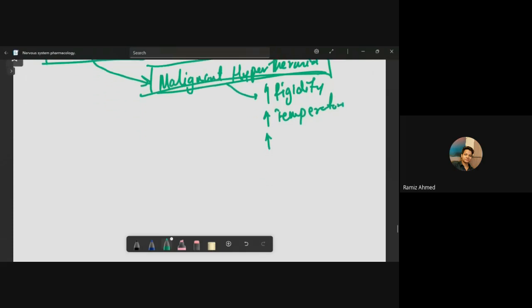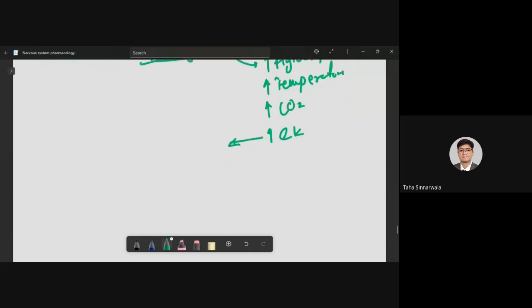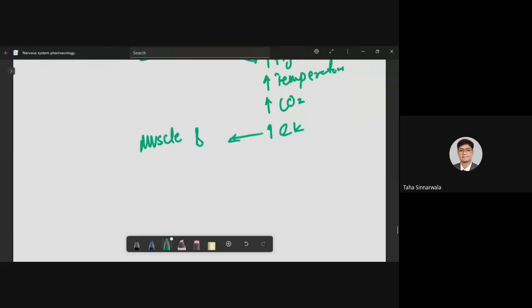Hypercapnia, which is increased CO2. And you also see increased CK, creatine kinase. I'll write CK here. You have increased CK because of muscle breakdown.